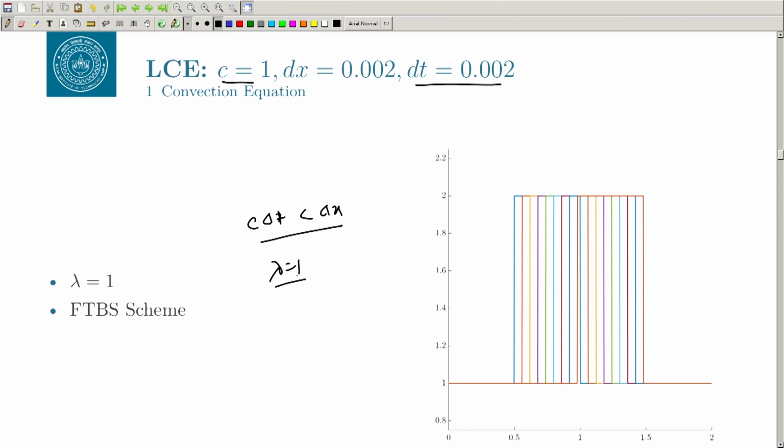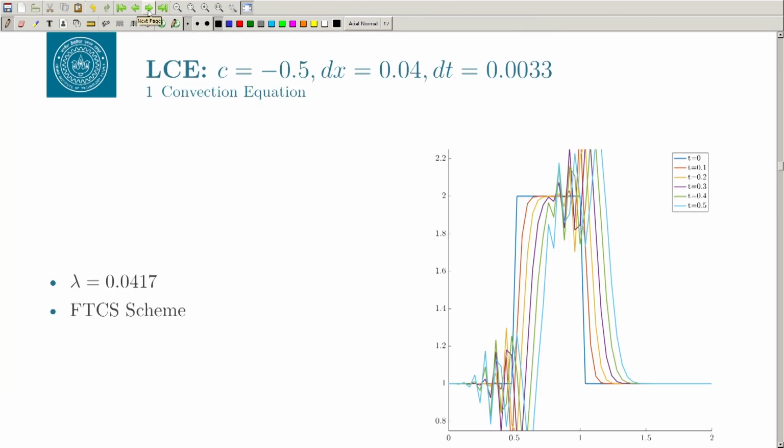Then you can see that we are getting the solution at different times. This is 0 and this is marching towards 1. This wave is your initial solution, and it is marching towards the right at the convection speed, which is equal to 1 here.